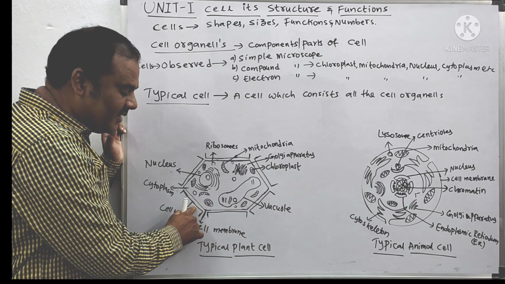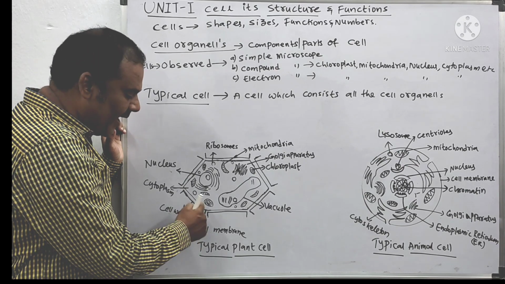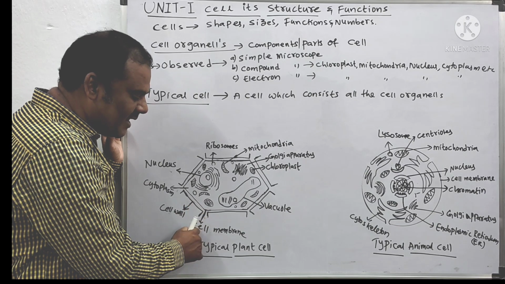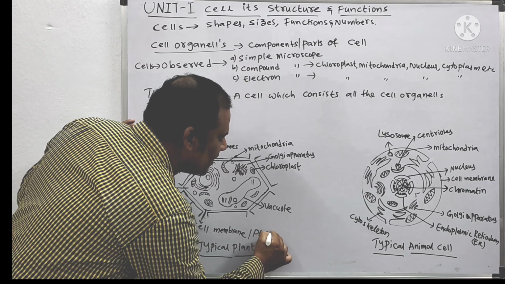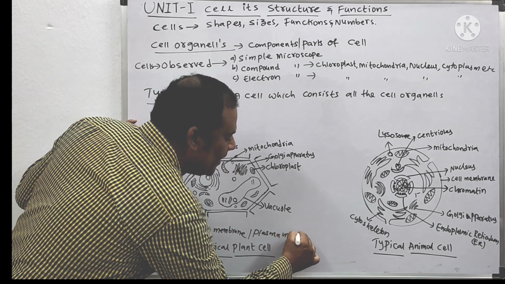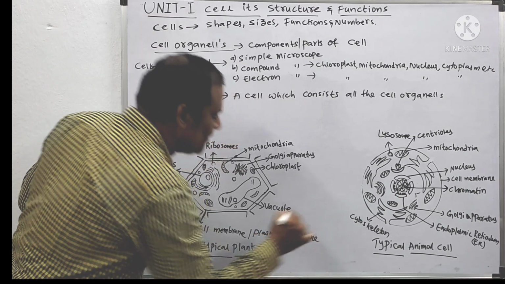The cell wall is the outermost layer, and immediately after it we have the cell membrane. The cell membrane is also called the plasma membrane.